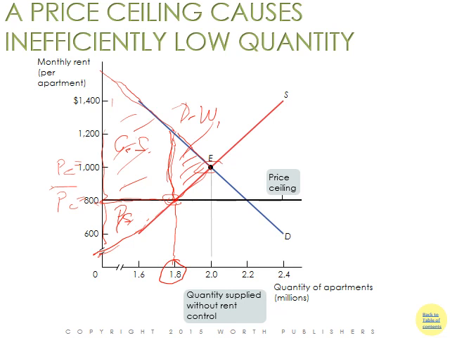So here, when you kept the price artificially low, some landlords weren't willing to rent their apartments. And the result was a loss in consumer plus producer surplus. So you can see from this analysis, with this dead weight loss, that economists would argue that this is not an efficient allocation of resources.